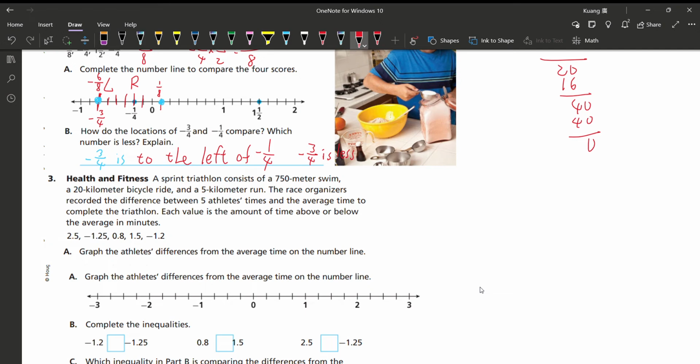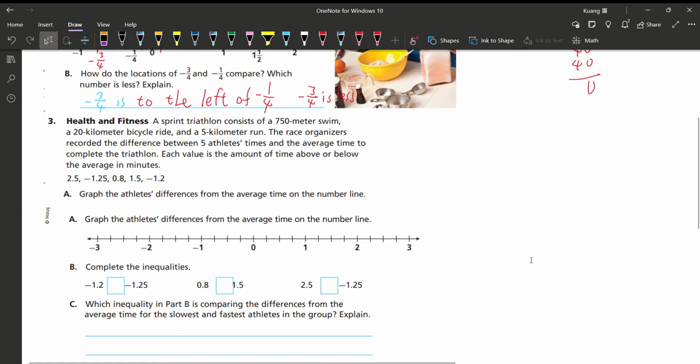Each value is the amount of time above or below the average in minutes. So we have 2.5, -1.25, 0.8, 1.5, -1.8. Graph the athletes' differences from the average time.